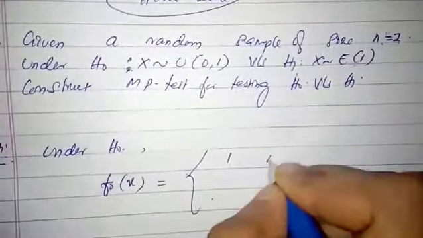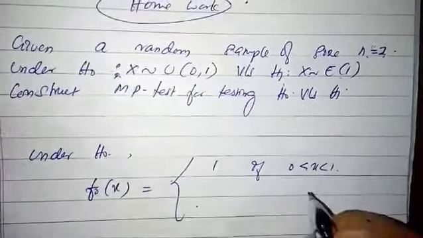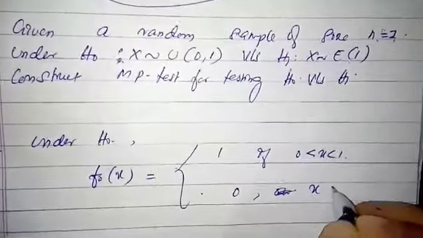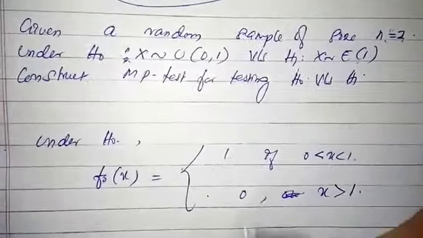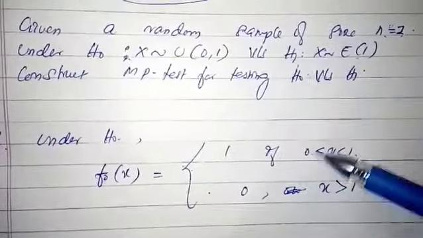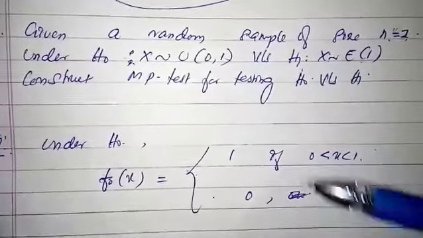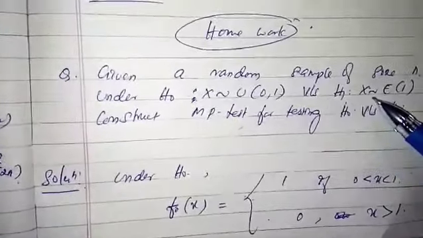That is 1 if 0 less than x less than 1, and 0 otherwise, that is 0 when x is greater than 1, right? This is the density for uniform 0 comma 1. Then what is it under h1? X follows exponential 1, right?